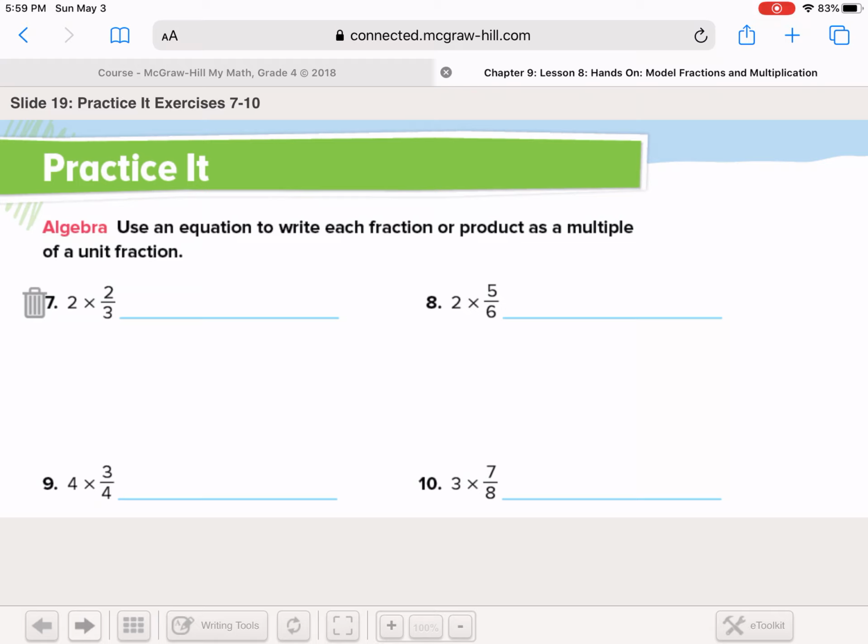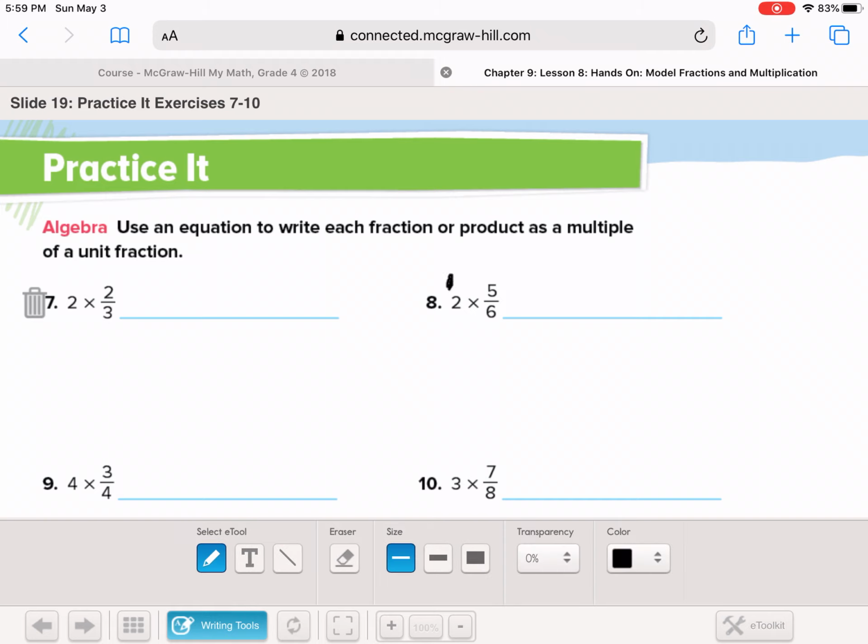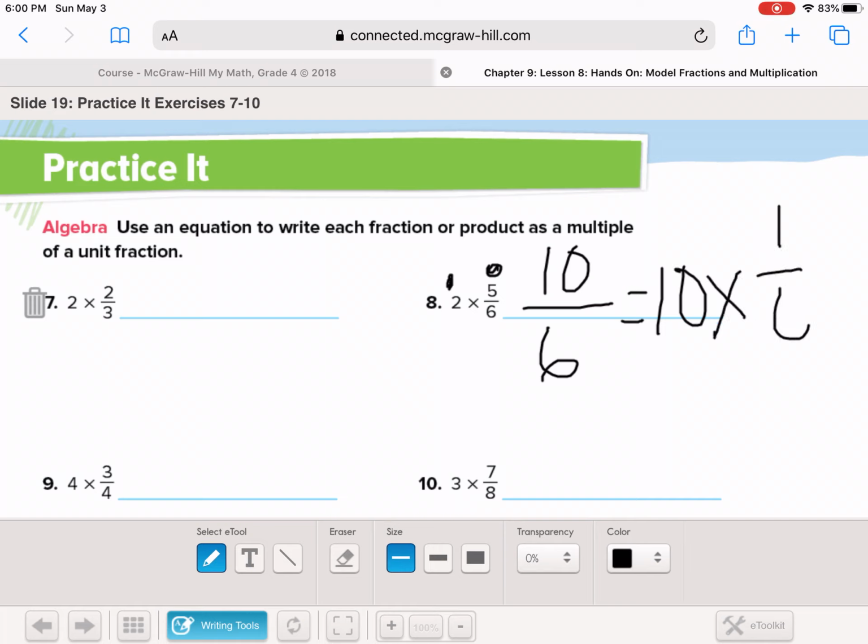First, multiply your whole number times your numerator, and you will get, I'm going to ask you, 2 times 5 is, and you'll tell me 10/6. Then you're going to do it like this, 10 times 1/6, and that's your final answer, okay?